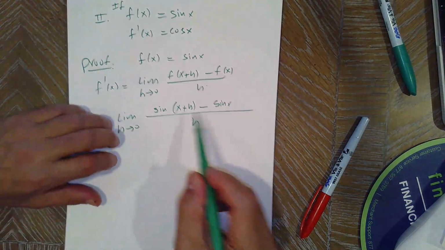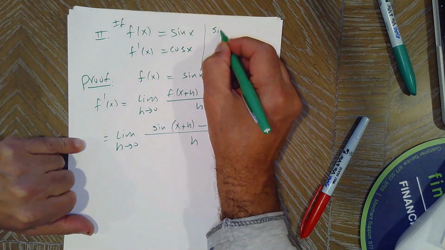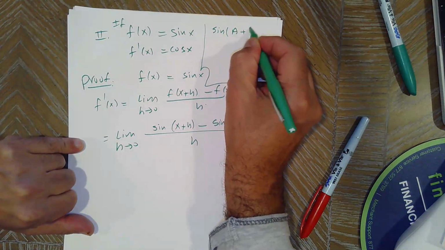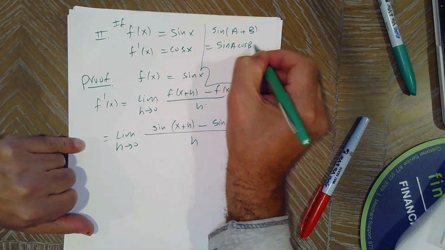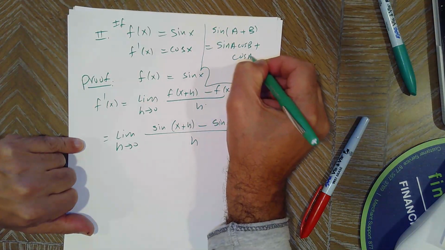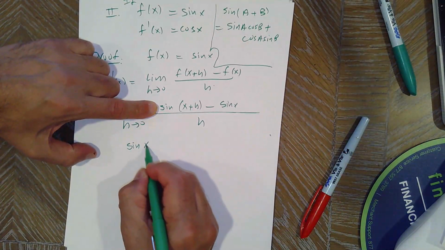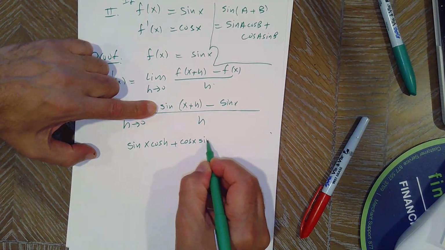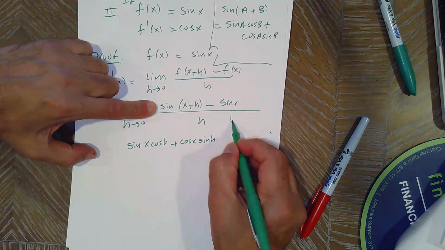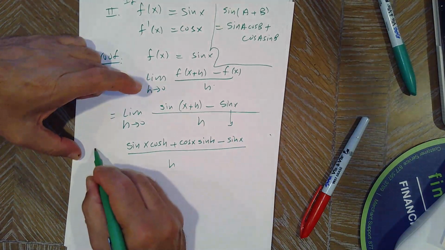But from trig, you have all the trig rules in the handout. If you have sine of a plus b, it's sine a cosine b plus cosine a sine b. So sine of x plus h is sine x cosine h plus cosine x sine h. And then we bring the minus sine x over h.